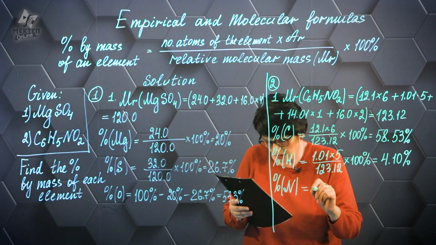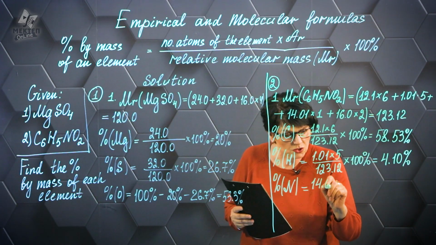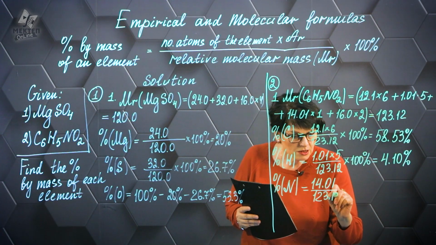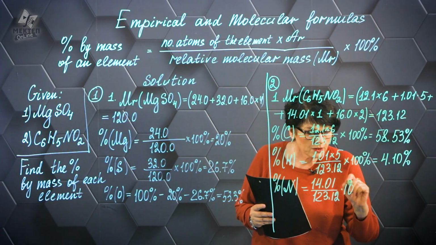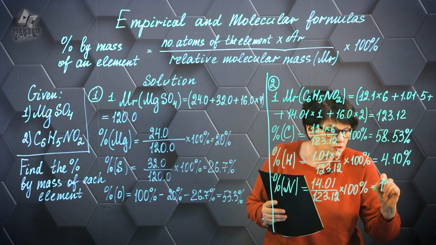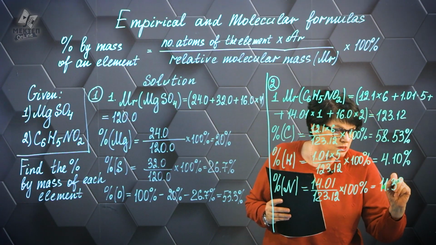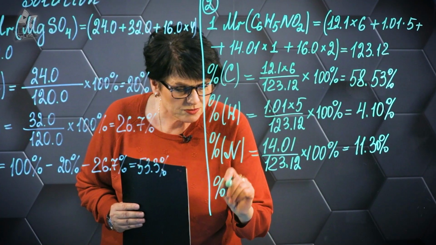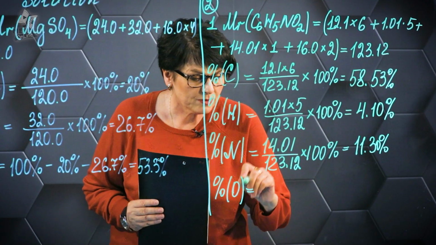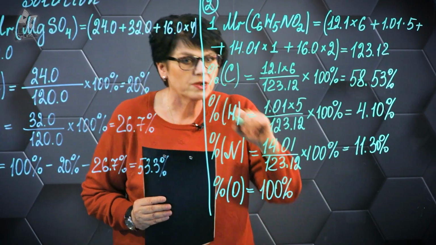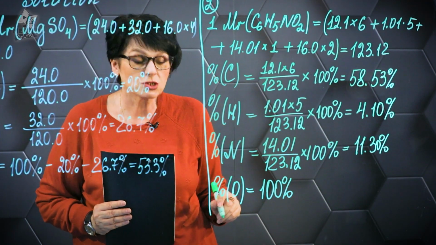Now we move on to nitrogen. For nitrogen, it will be 14.01 divided by 123.12, multiplied by 100%. For nitrogen, the value obtained is 11.38%. And for oxygen, let's find it using a simpler calculation. For this, 100% is our substance and all elements together are undoubtedly 100%.